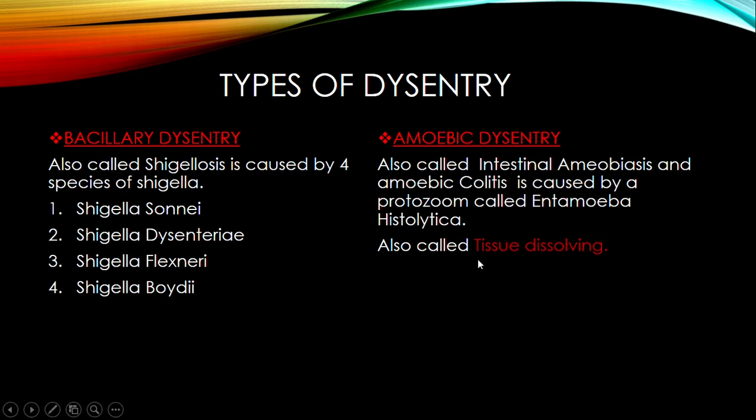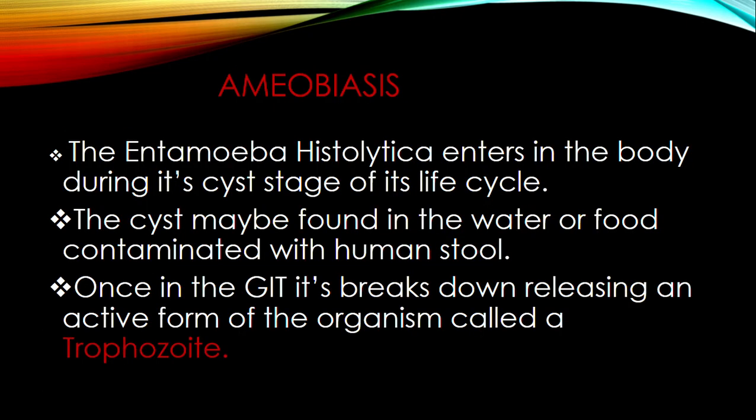After looking at the pathophysiology, you are going to know why it is called tissue dissolving. During the exam, they may just ask you to write about one type of dysentery, either bacillary dysentery or amoebic dysentery.